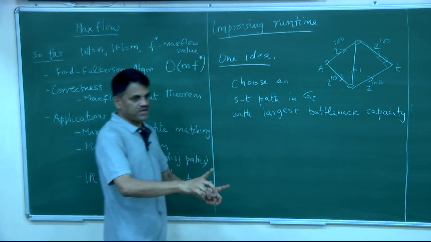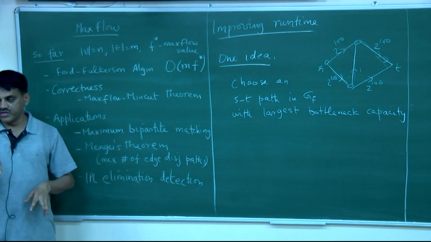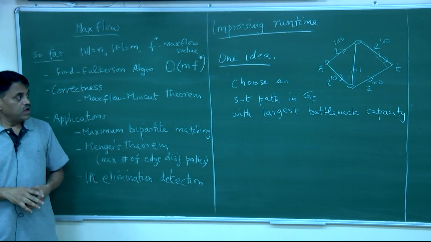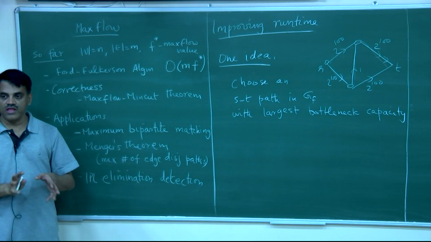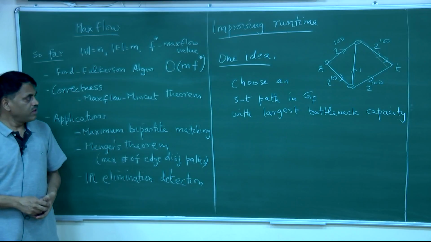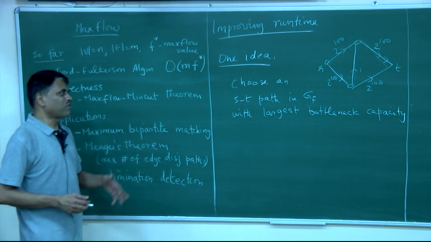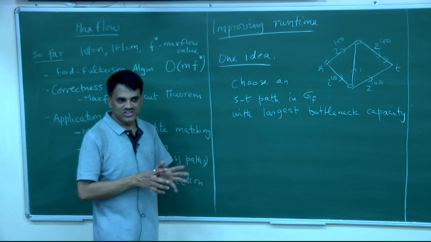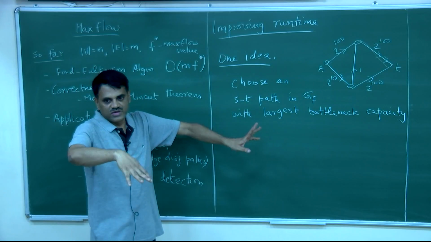The bottleneck capacity is the smallest capacity in the ST path, because that's what limits how much flow you can send. So among various ST paths, find the one which has the largest bottleneck capacity and augment your flow through that path. But then the problem is to find such a thing. You just have to do some BFS or something and find all possible ST paths.